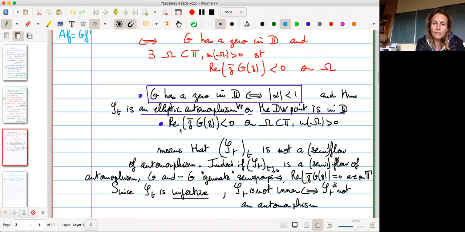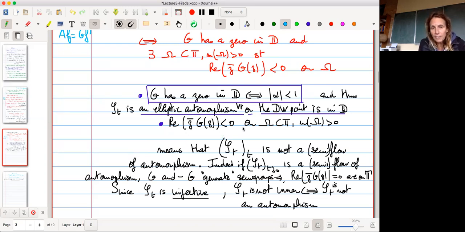Now let's look at the second condition. We require that the real part of this is negative on a non-trivial Borel subset of the unit circle.